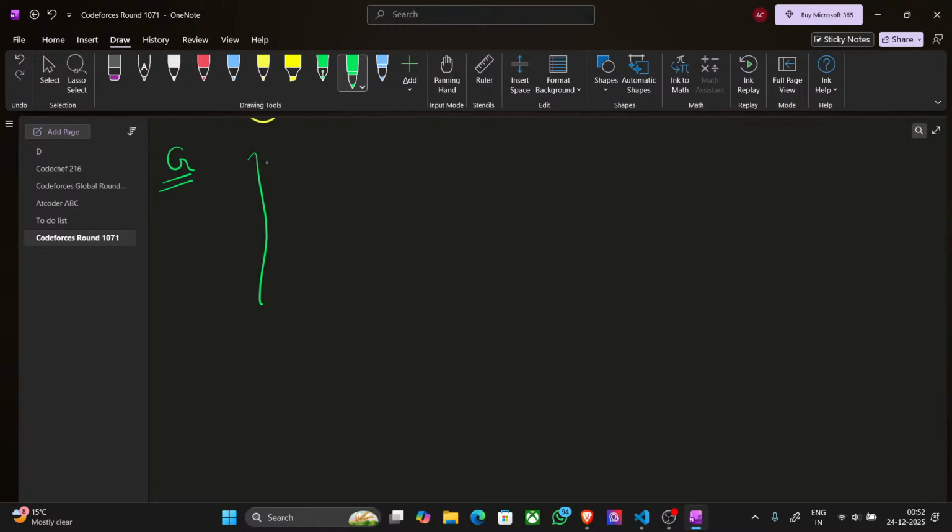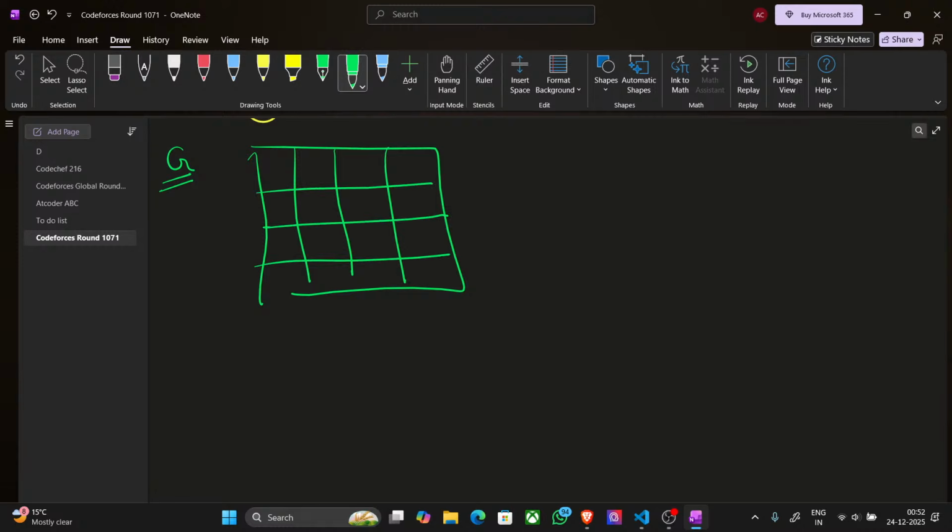So assume you are given a grid. There is one penguin in each cell. I'm writing normally, but the numbers can be in any random form. So for this, n is 4.